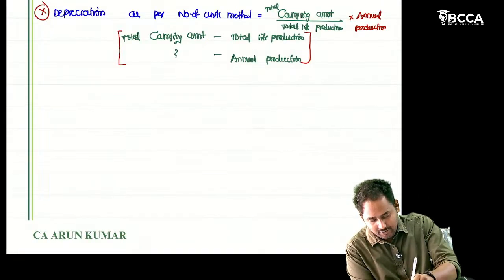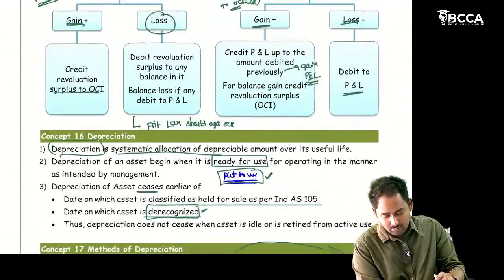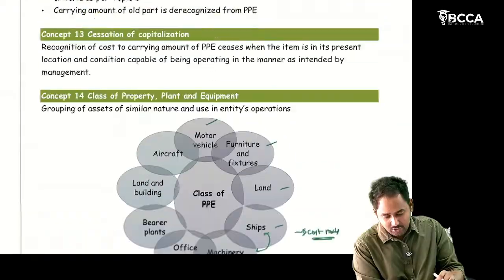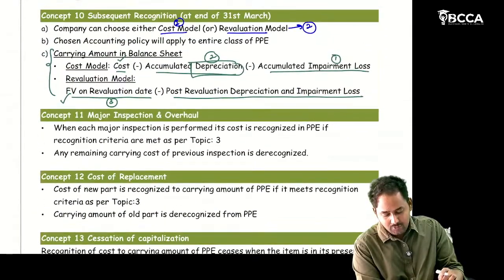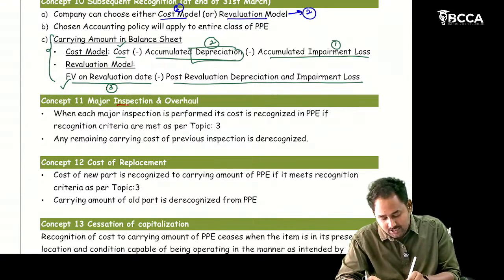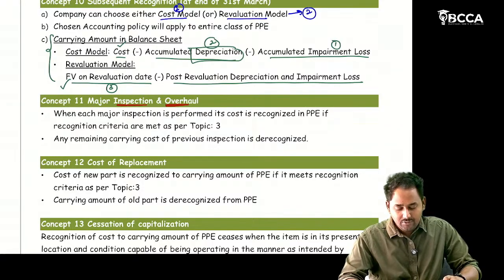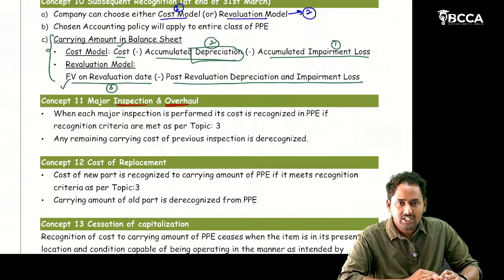Then what is the next element? Let me have a discussion on major inspection or overhaul or the cost of replacement. So what is major inspection or overhaul? These are the expenses which can be capitalized as the cost of the asset. Generally, what is the rule?